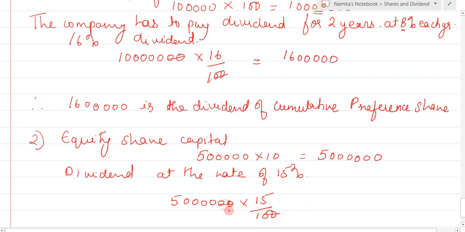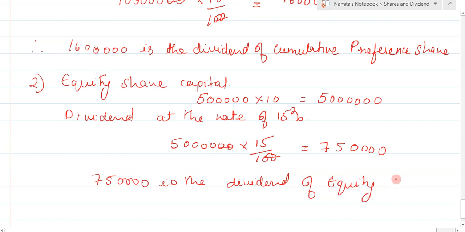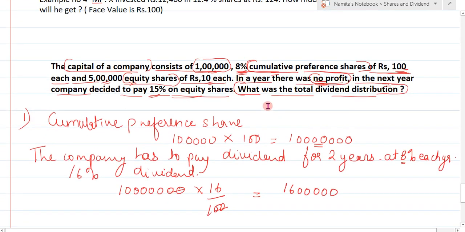So this 0 gets cancelled. 50,000 multiply by 15 is equals to 7,50,000. So 7,50,000 is the dividend of equity shares.